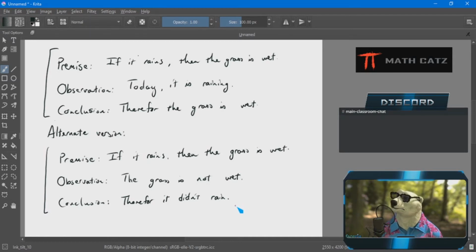So on the surface, they don't look the same, but they are exactly the same argument. And sometimes one is a little bit more convenient than the other. Very often the alternative version is a little bit easier. You'll see once we get to the puzzles.